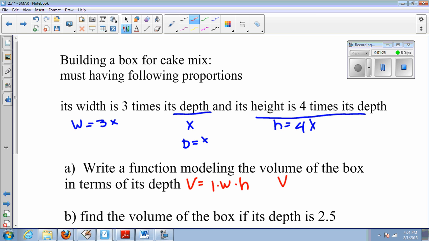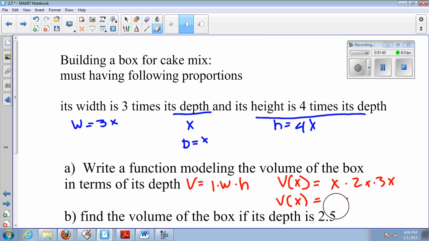So for this, volume of x equals x times 3x times 4x, and we simplify that to 12x cubed.